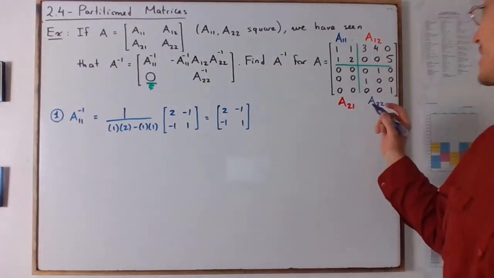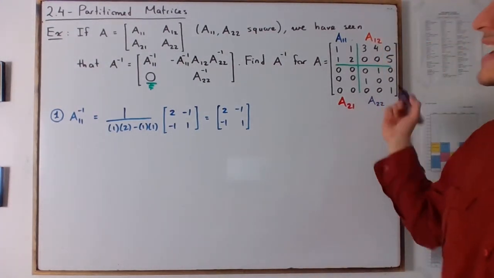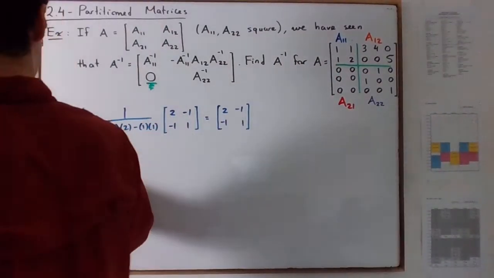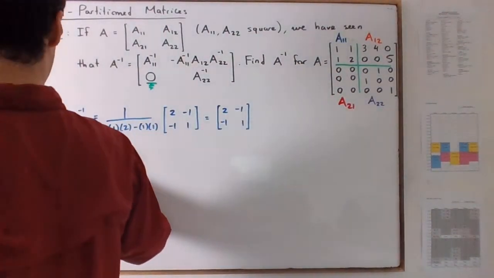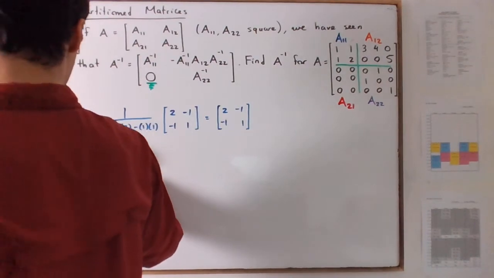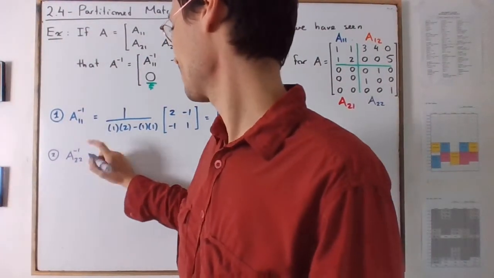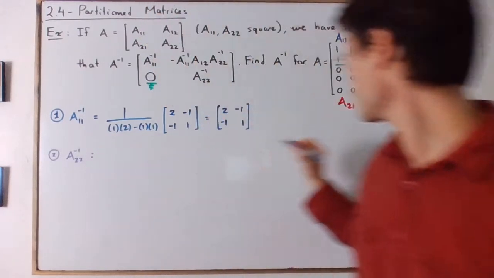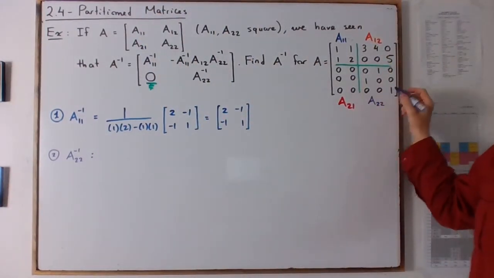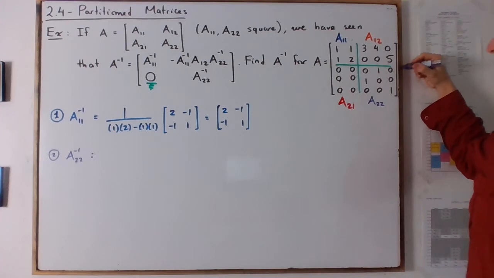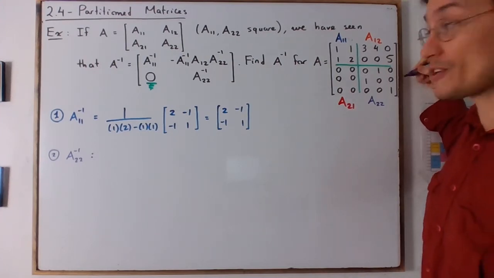Then the second ingredient we need is the A22 inverse. For this, one thing to realize is that A22 was obtained from I by swapping the two rows over here.